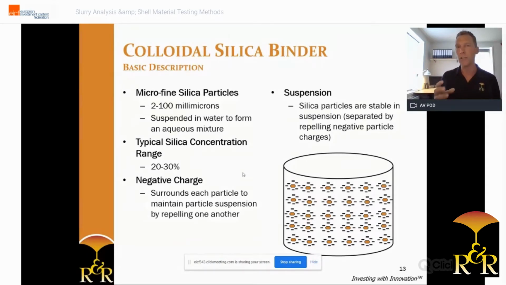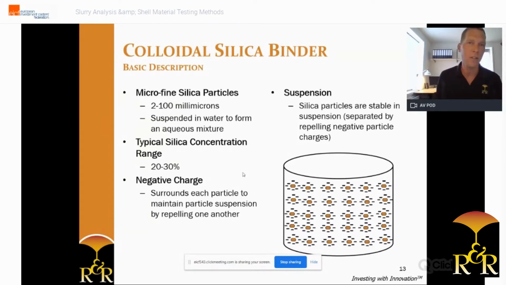The charge around each particle maintains the suspension because the particles repel one another. You could compare this to holding two magnets against each other with the negative poles, and you will notice this repelling effect. Imagine this happening with every silica particle in water. The repelling effect will keep them in suspension.